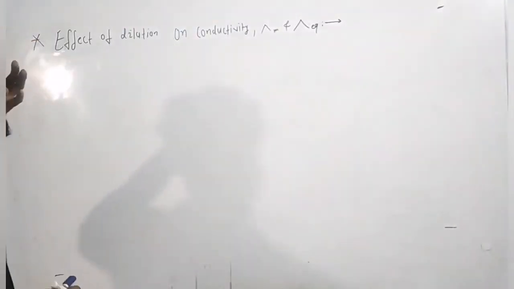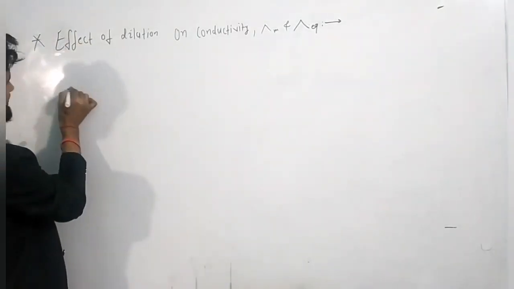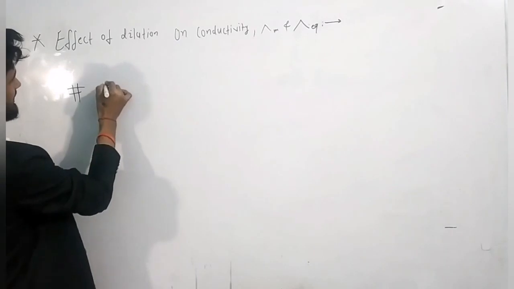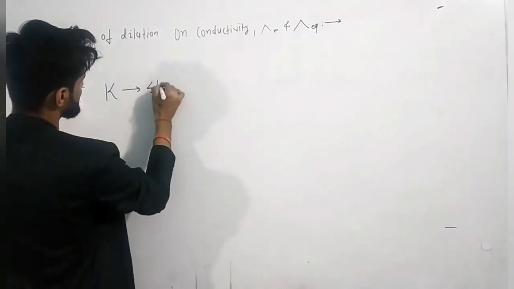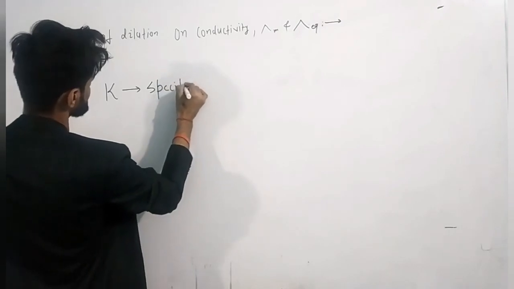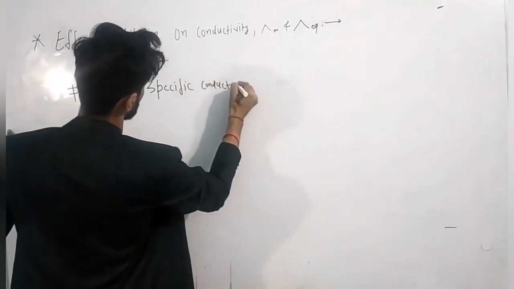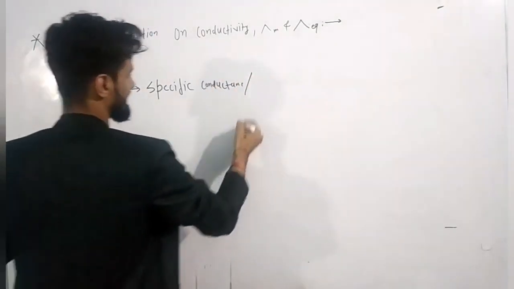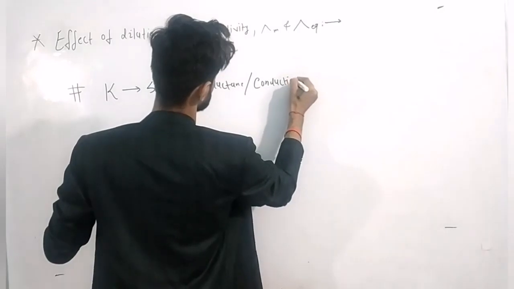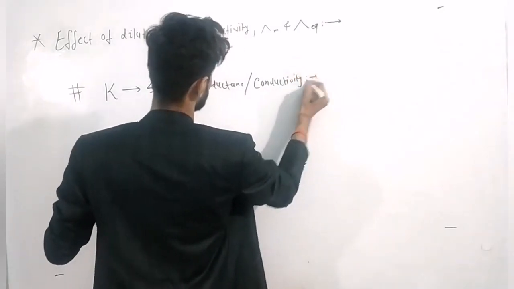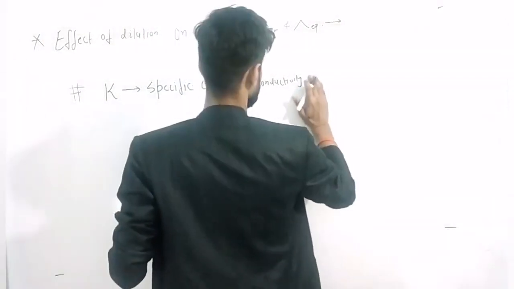Now think about what is going to happen after dilution. I have denoted kappa as K, and this is called specific conductance or conductivity. After dilution, kappa, the specific conductivity, always decreases.